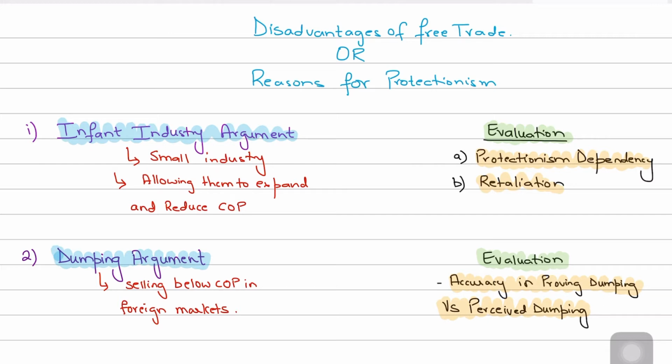So in order to avoid that risk, these developing or poor countries want to move into manufacturing and the tertiary sector.